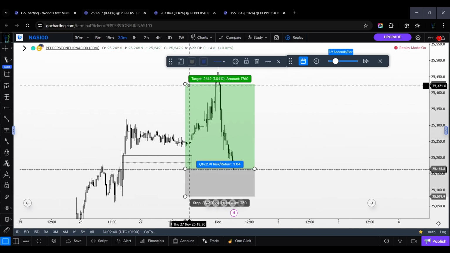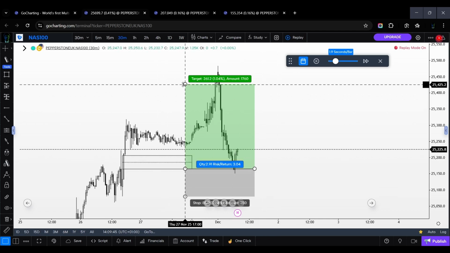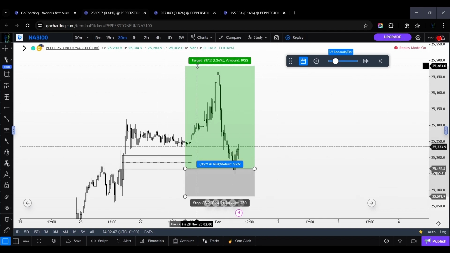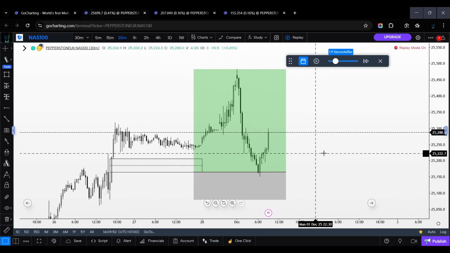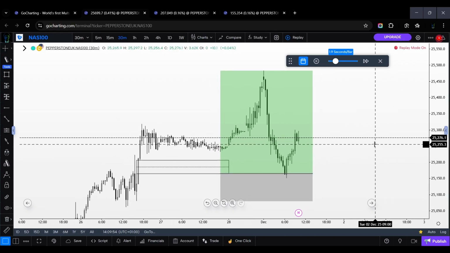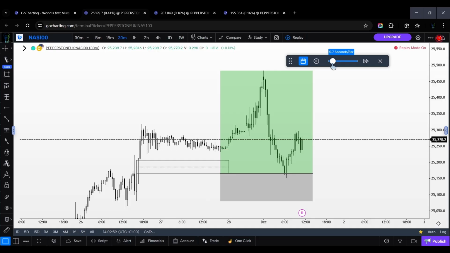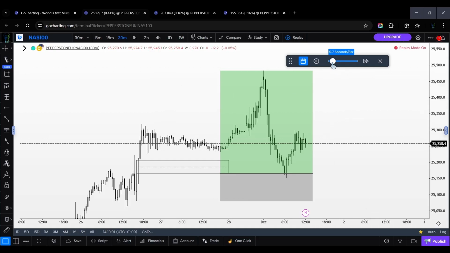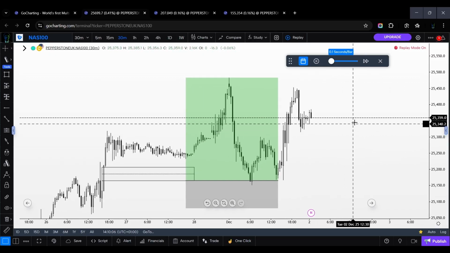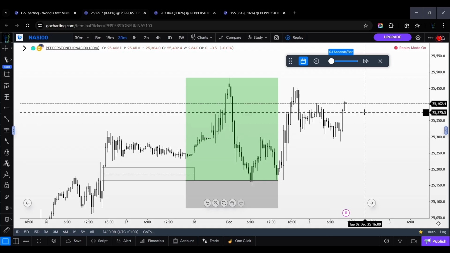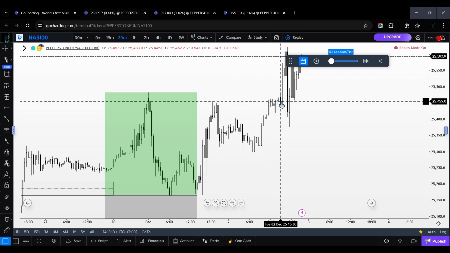We can now extend our targets, but as you can see, it triggered from our entry. Now it's moving up. This gives us a 3.69 risk to reward ratio. And eventually we hit our target there.